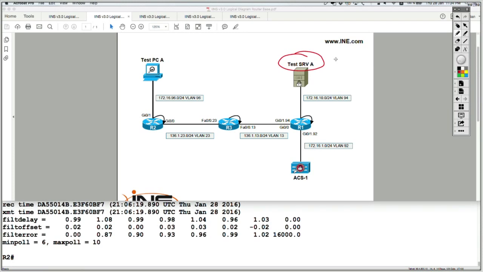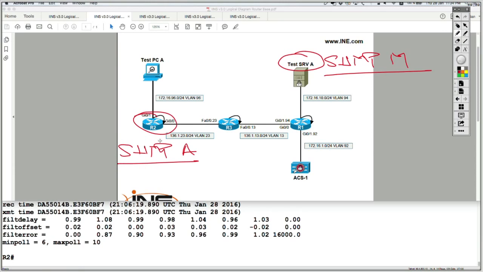If server A is your SNMP manager and router 2 is your SNMP agent, then you can configure the agent so that when something happens, like VTP configuration changes or an IPsec tunnel goes down or interface goes down, so based on different things happening on the router, you may configure the router to send a trap to the SNMP manager saying, hey, this happened to me.